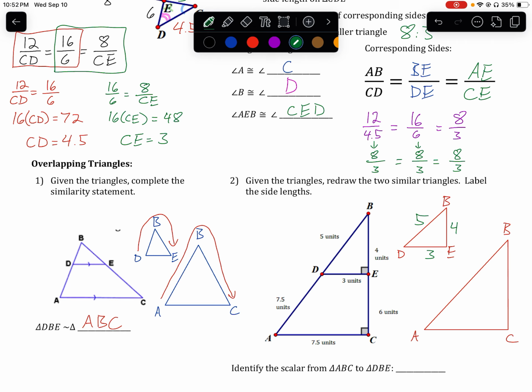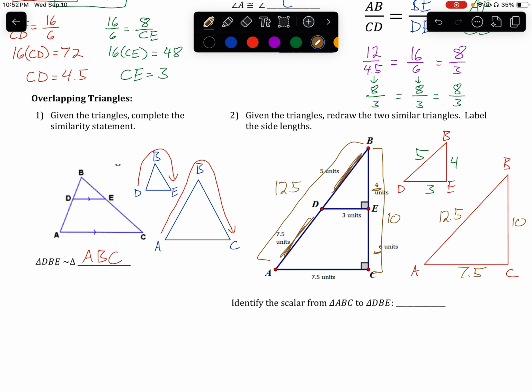Now, when I'm labeling my side lengths, the small one's pretty straightforward. 5, 4, and 3. My bigger one, I have to be careful because the entire side length of A to B is AD and DB together. So that's 12.5. Same thing with BC, the 4 and the 6, giving us a 10 there. So I've got 12.5, 10, and 7.5.